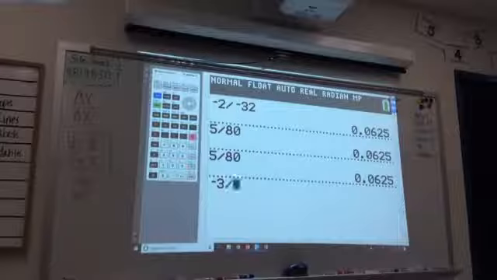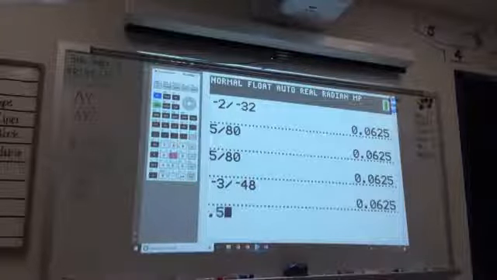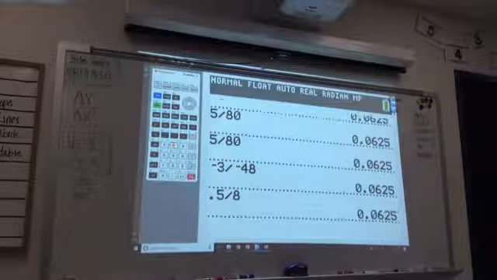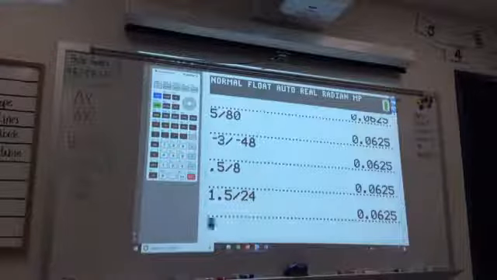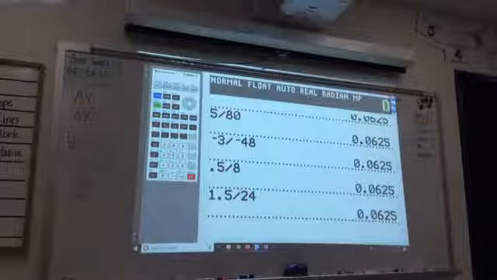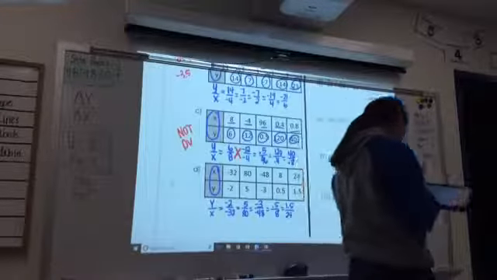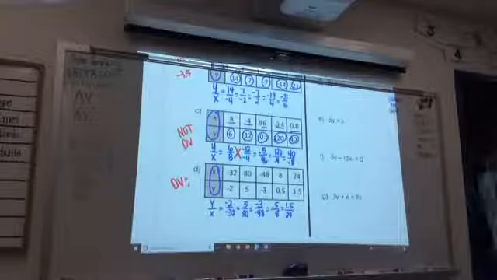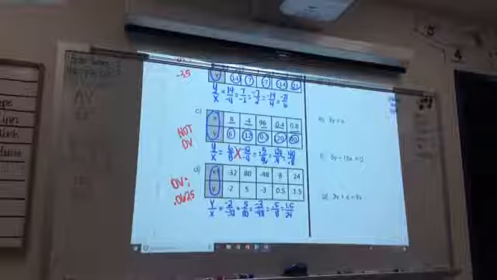Is this constant? Yes. So is it direct variation? Yes. We're going to put direct variation, and what was its constant of variation? 0.0625. How do y'all feel about finding direct variation from a table? Good. Pretty easy. We just compare our Y's over our X's. We make sure that they all give us the same constant change.